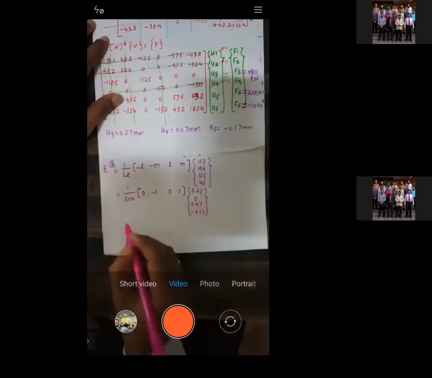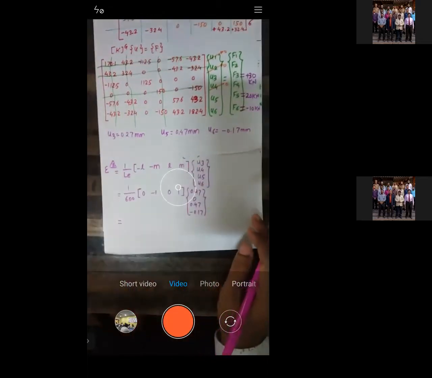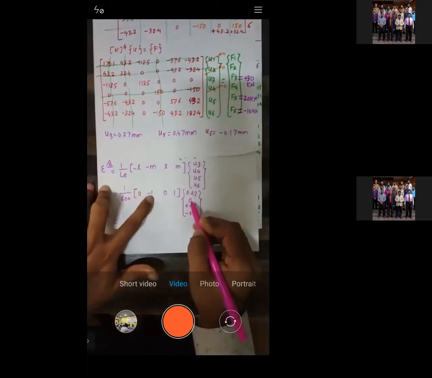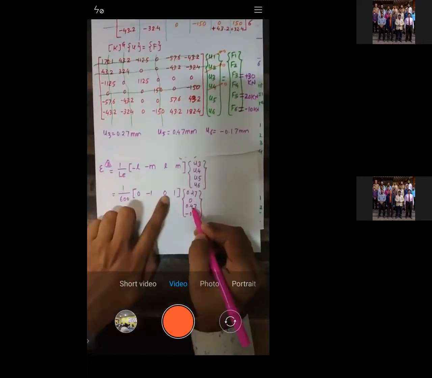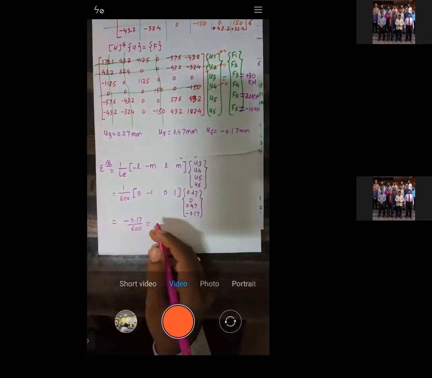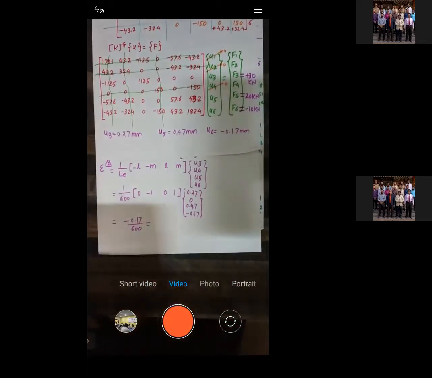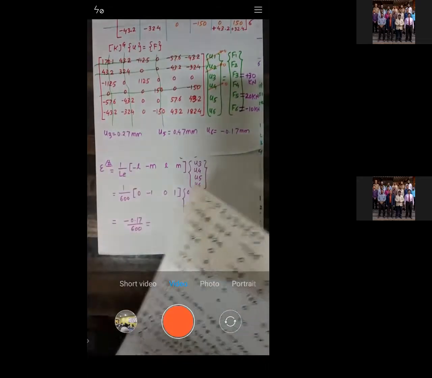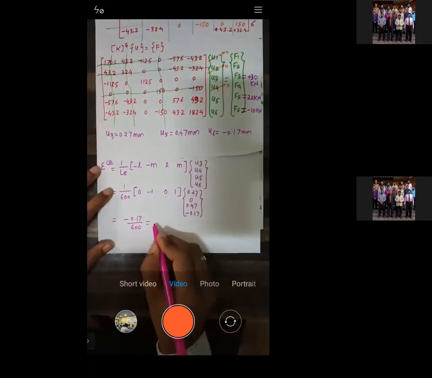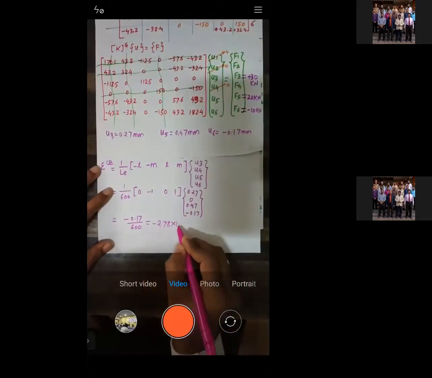Let's calculate. 0 into this one is 0, -1 into 0 is again 0, 0 into this one is 0. What remains is minus 0.17 divided by 600. Let us do that calculation. It comes to be minus 2.78 into 10 raised to power -4.